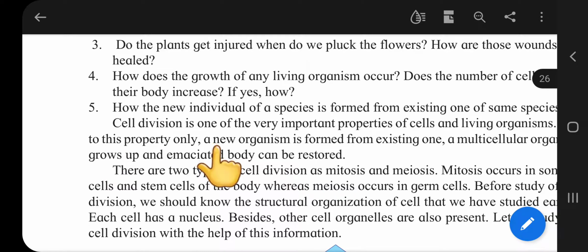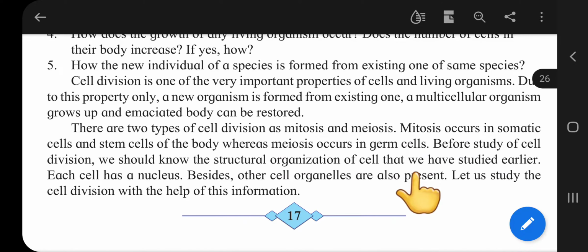Due to this property, a new organism is formed from an existing one. There are two types of cell division: mitosis and meiosis. Mitosis occurs in somatic cells and stem cells of the body, whereas meiosis occurs in germ cells only.